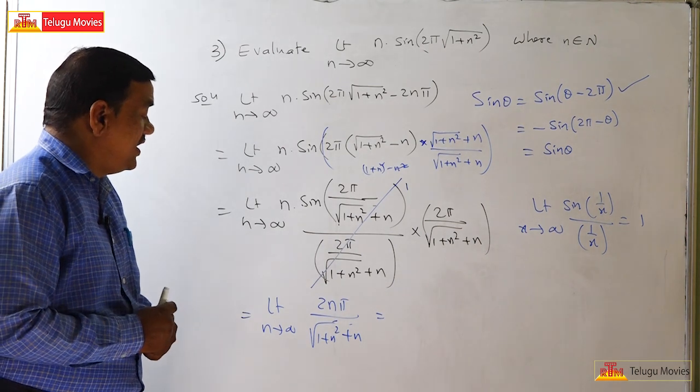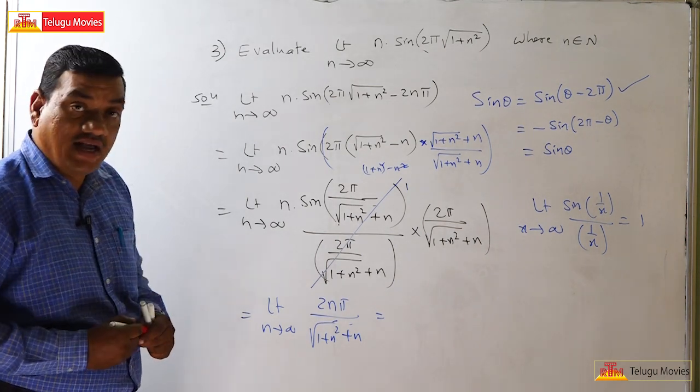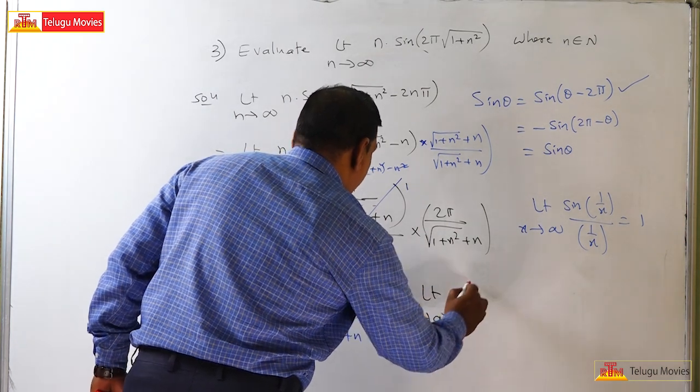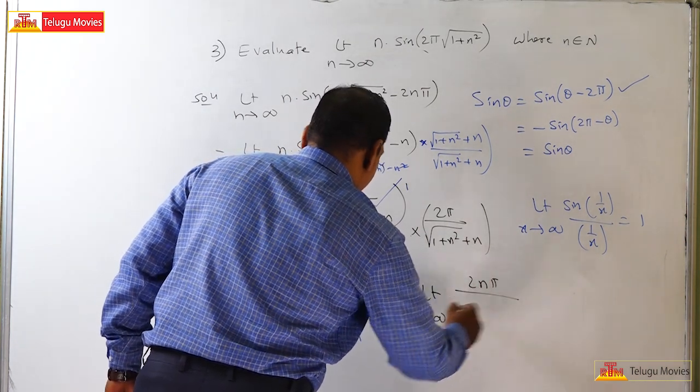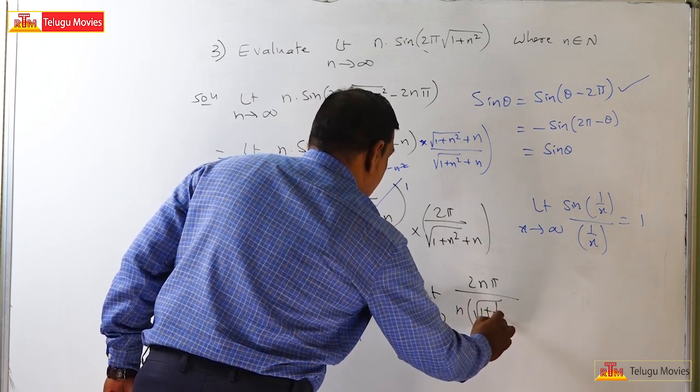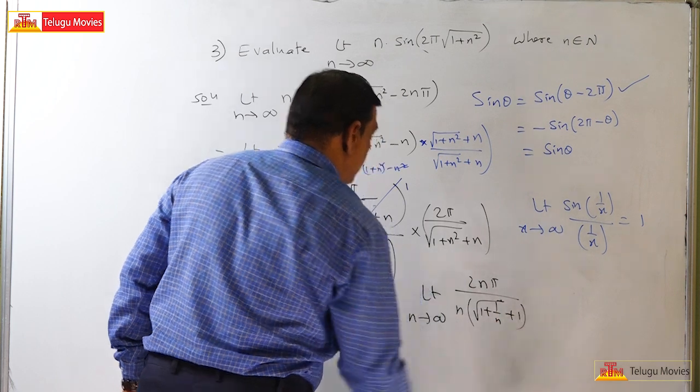Now in the denominator you can take n common outside, so this is equal to limit n tends to infinity 2n pi by, if you take n common outside, root of 1 plus 1 by n plus 1.